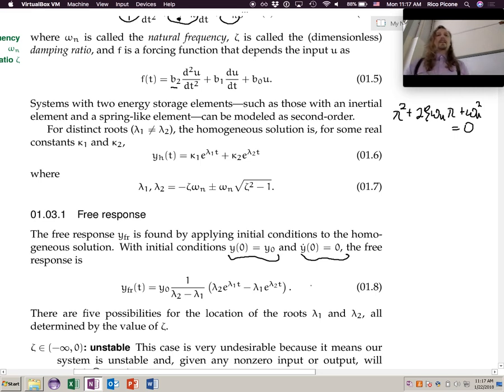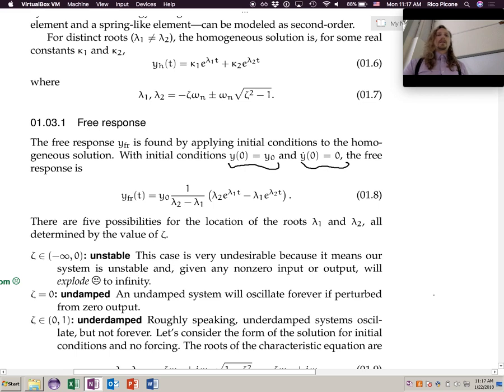So there are 5 possibilities for the location of the roots, lambda 1 and lambda 2, all determined by the value of zeta, okay? If zeta is negative, we call this unstable.